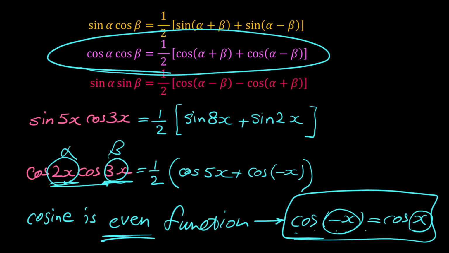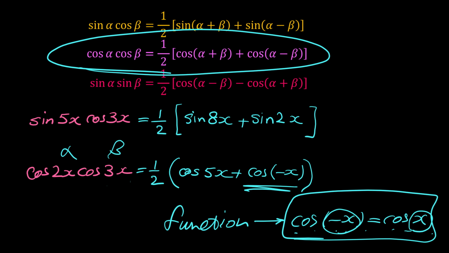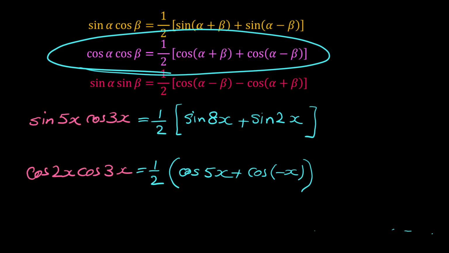Cosine of negative x is the same as cosine of x. So here you can write, instead of cosine of negative x, cosine of x. So we can write our answer in this simpler form here. You can write your answer in the form of 1/2 cosine of 5x plus cosine of x. And this is because cosine is an even function.